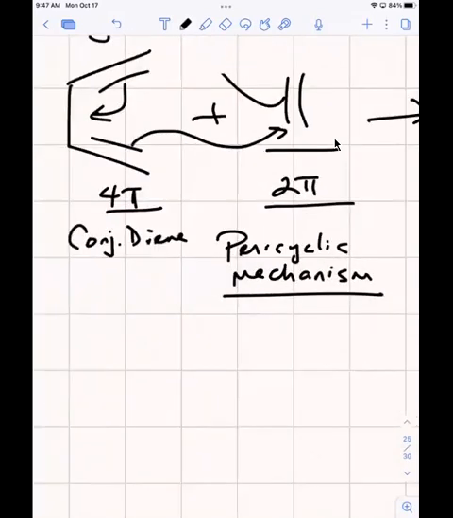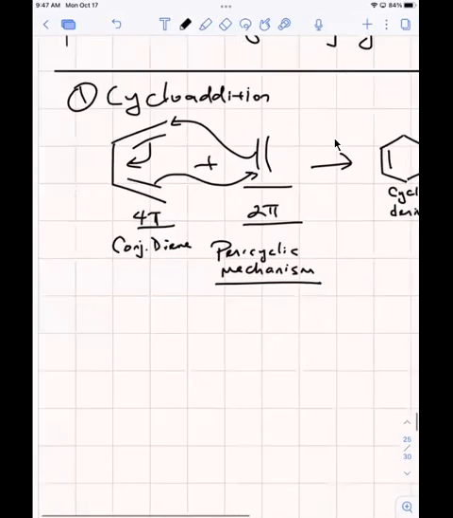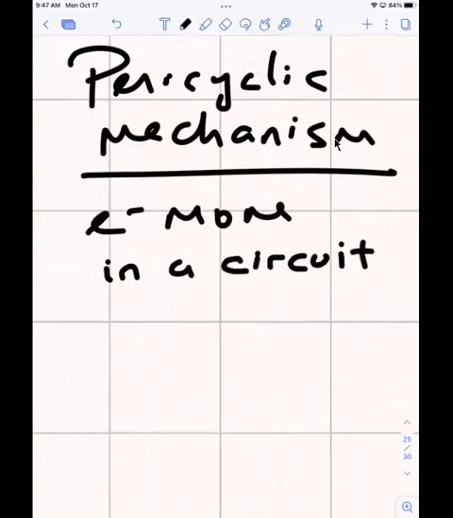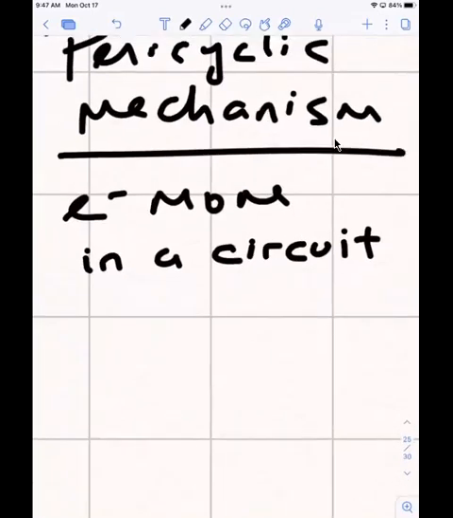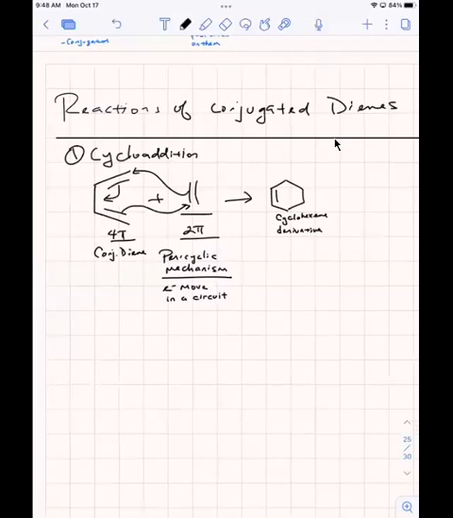That simply means that the electrons move only among those 6 atoms that you see, right? So it's called pericyclic. The electrons move in a circuit. So that's one reaction, cycloaddition, that conjugated dienes do.